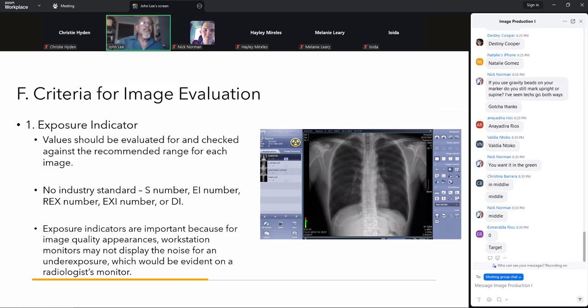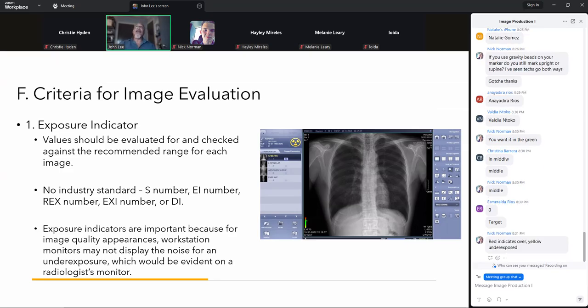Well, the green is the target. The green is the target. And that target is a specific size. So where do you want to be? You want to be closer to the red, closer to the yellow, or closer to the middle of the green? Yes, red indicates over, yellow under.